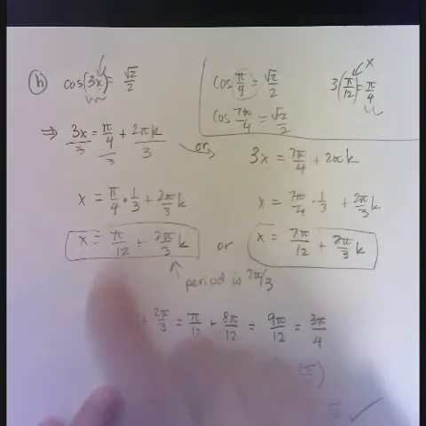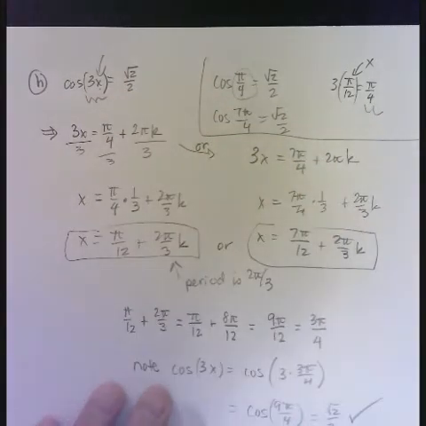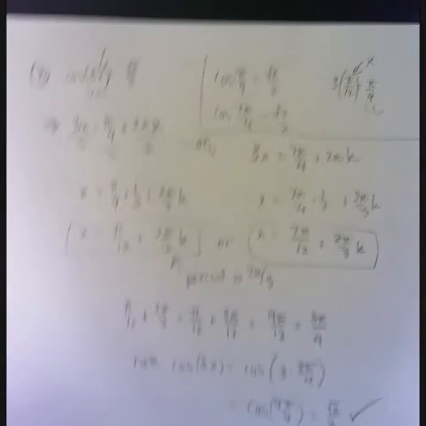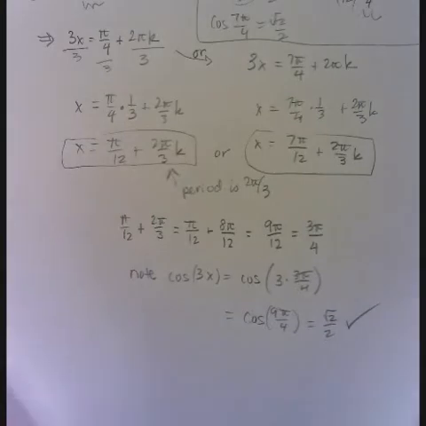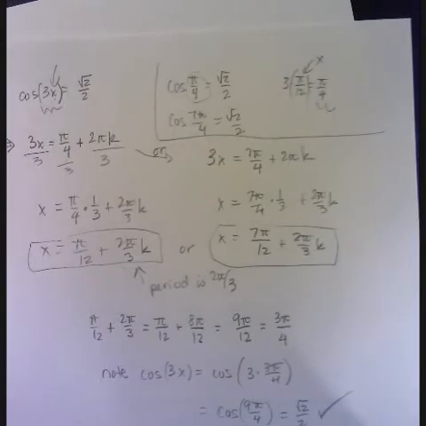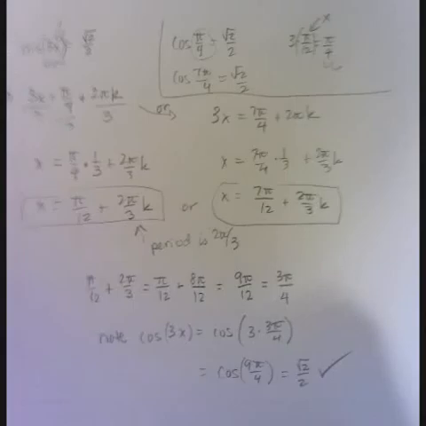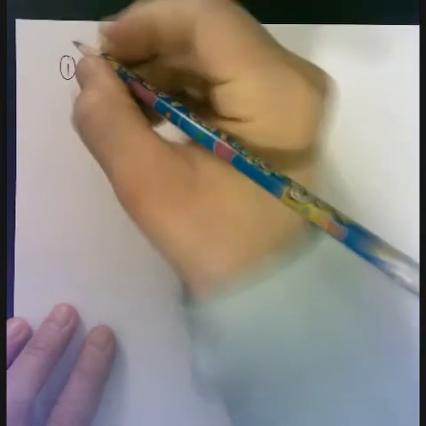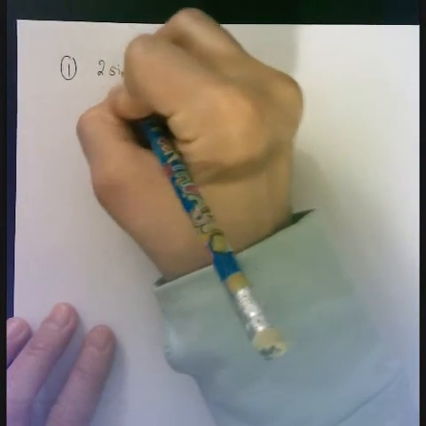Okay, so we have another one in part I. I'll just flip the page over here. So in I, we have 2 sine of 1/2 t plus square root of 3 equals 0.